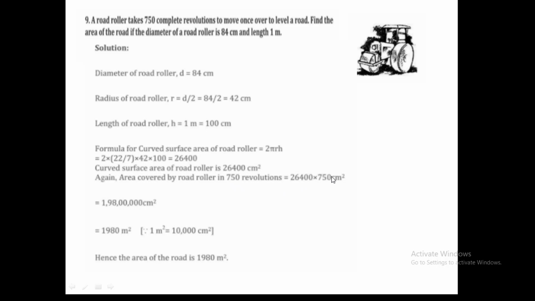So we have to multiply by 750. So this is the answer. Here we need the answer in meter square. So divide this number by 10,000 because 1 meter square is equal to 10,000 centimeter square. Hence the area of the road covered will be 1980 meter square.